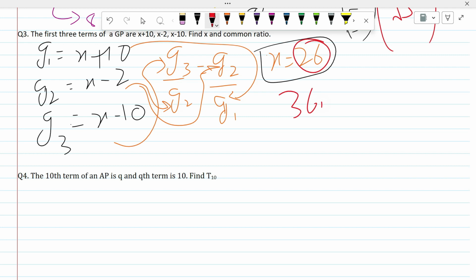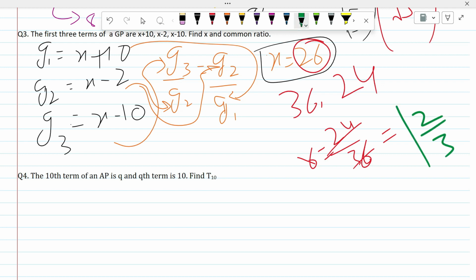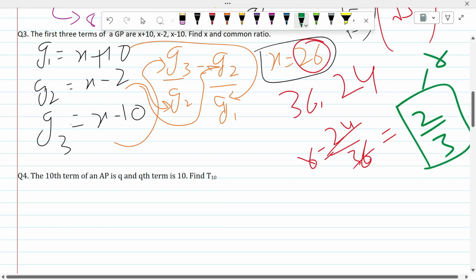And if I substitute 26 in x minus 2, I will get 24. Divide 24 by 36, which will be the value of r, and you will get 2 upon 3. So 2 upon 3 is the value of r. Okay, let's move forward.